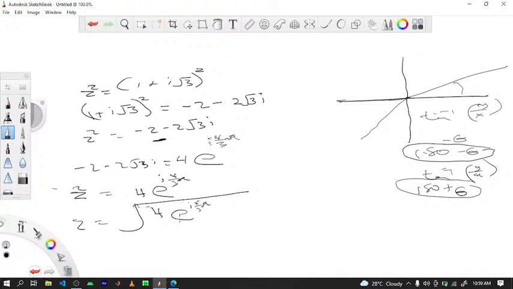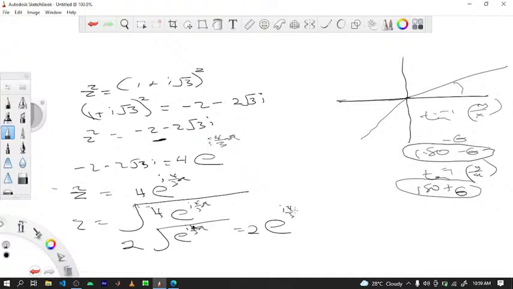For the 4, it's just going to come out and you get 2 times the square root of e to the power i 4 over 3 pi.